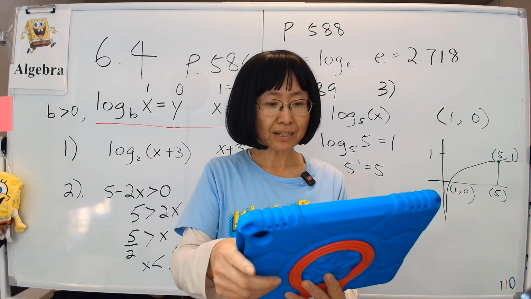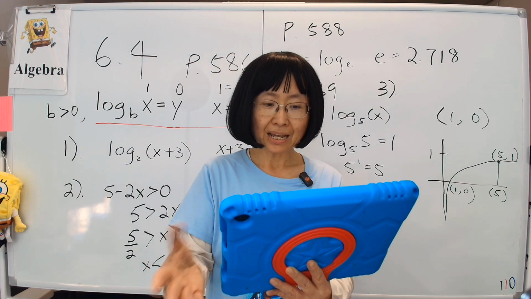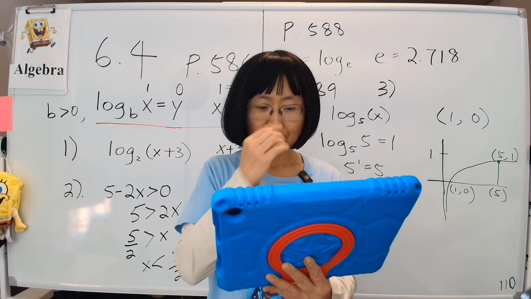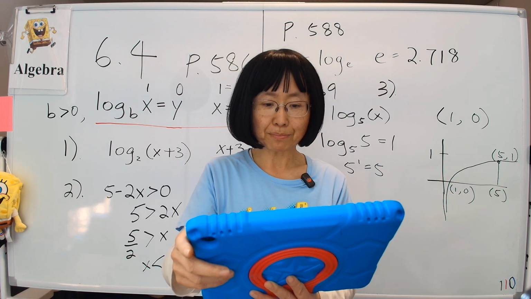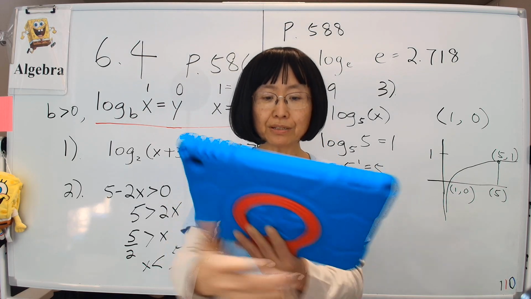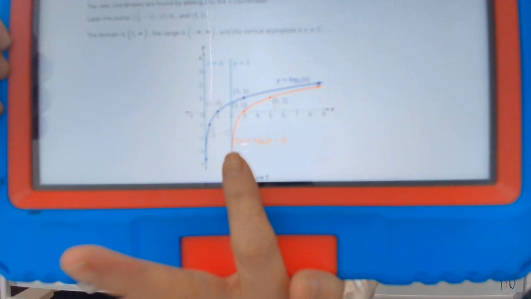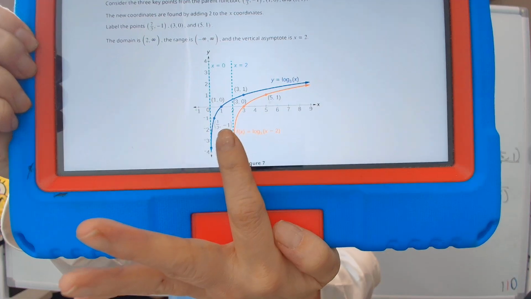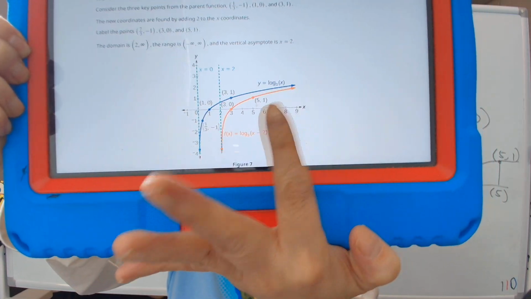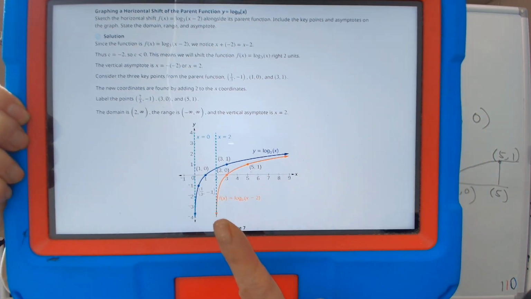Example 4 says that we have log base 3 of x minus 2. Please do this example yourself. We have the original function, log base 3 of x, and how do we want to shift it?